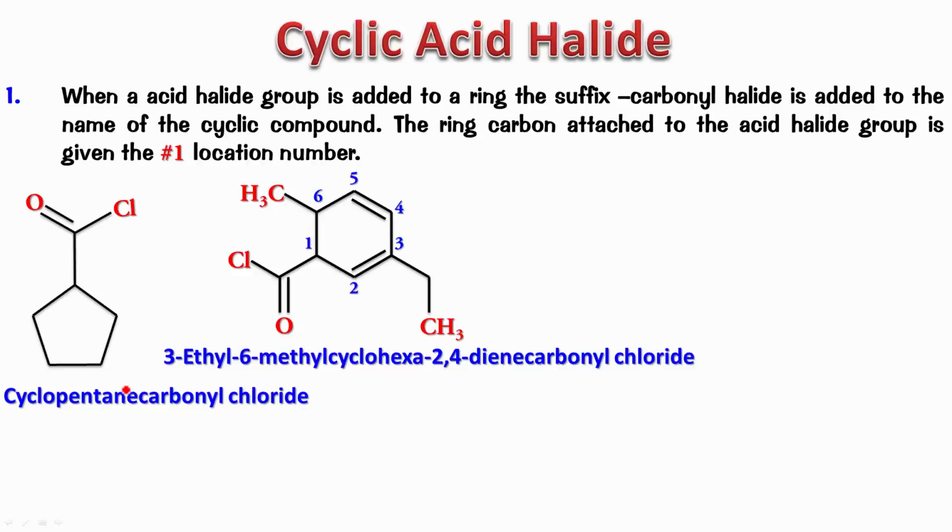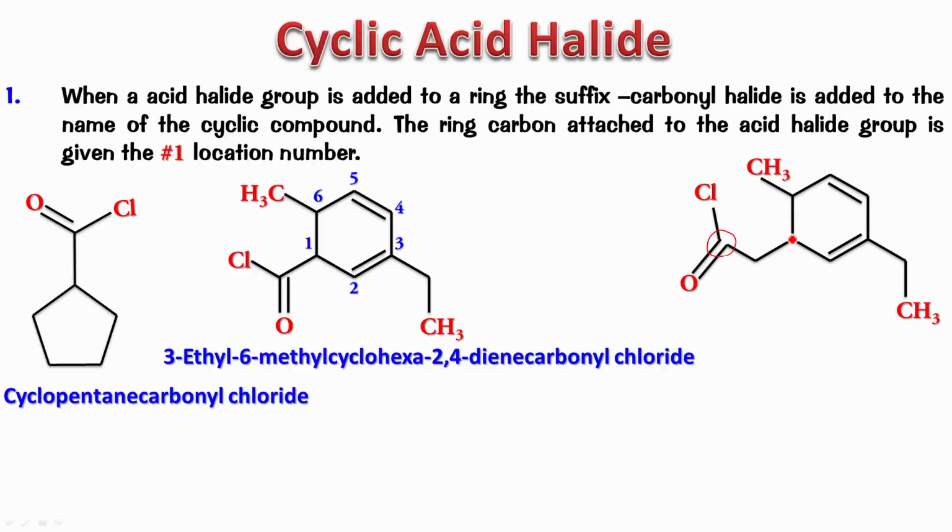Now let's check a situation where the carbonyl chloride, that is the acid chloride part, happens to be outside the ring attached to an acyclic part, and the acyclic part in turn is attached to the ring. Something like this. Now remember, this acid chloride carbon, this carbonyl carbon, is not directly attached to the ring.